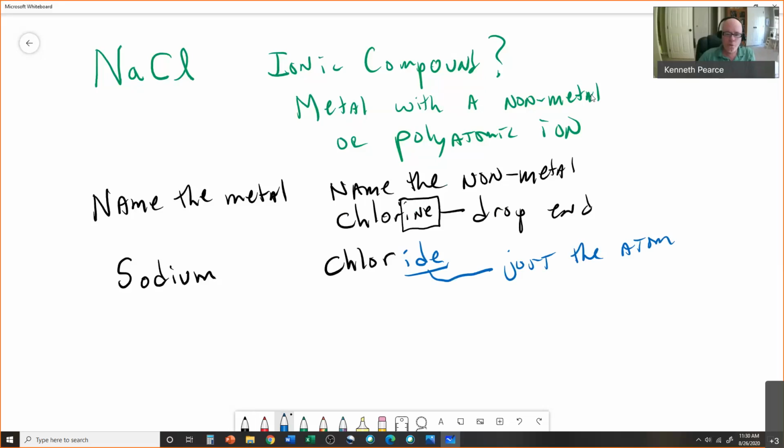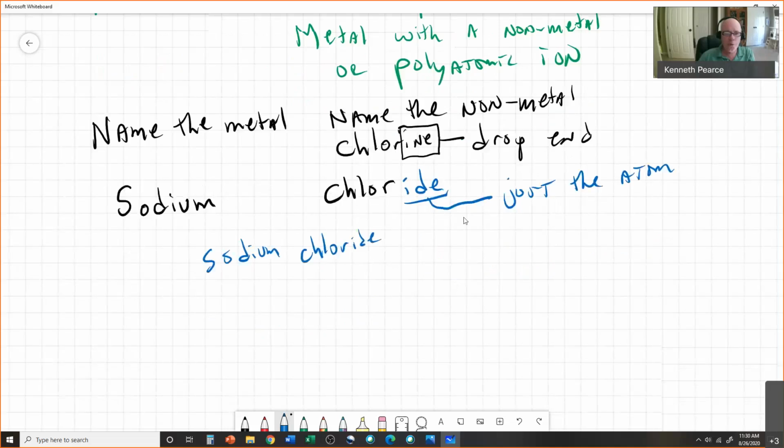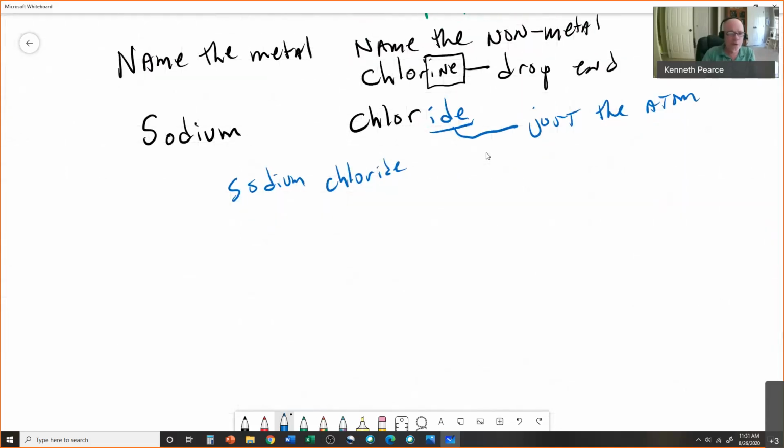So this becomes sodium chloride. You name the metal, sodium, you name the nonmetal, chlorine, and you drop the ending and replace it with "ide," so it's just the atom. It's very different when we have polyatomics, but this is just the atom. So we have sodium chloride for NaCl.